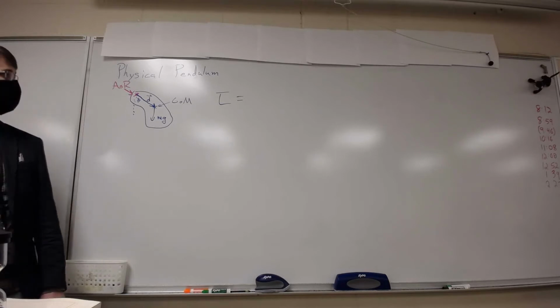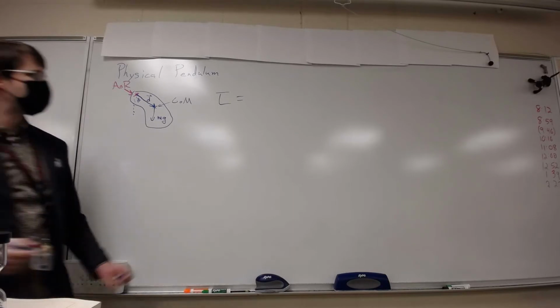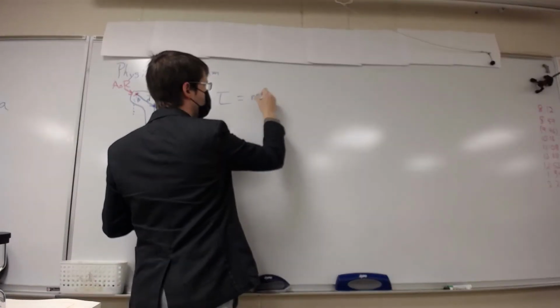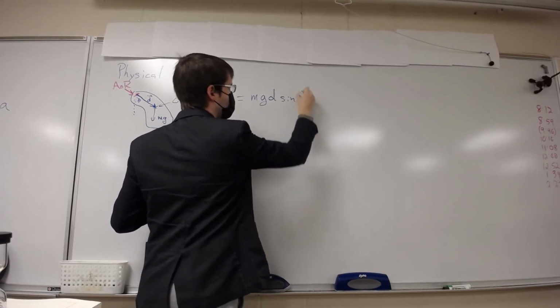So in this case, what that's going to be is mg d, so that's the distance it's applied, so the force times the distance times the sine of the angle between the two. So this is going to be mg d sine theta.